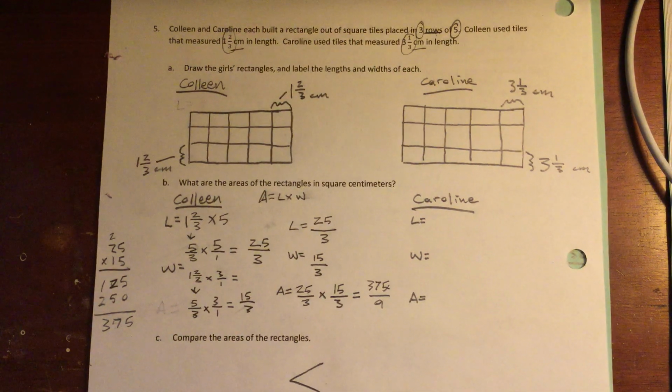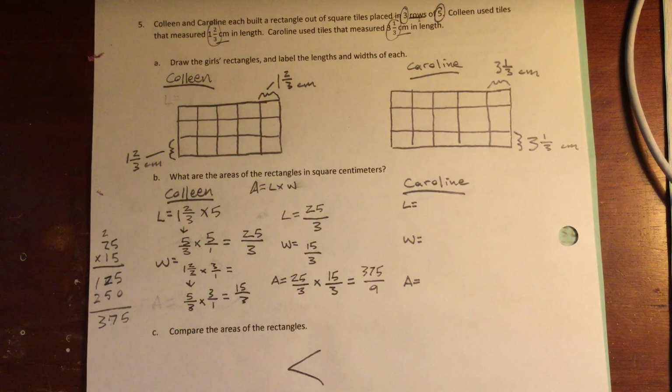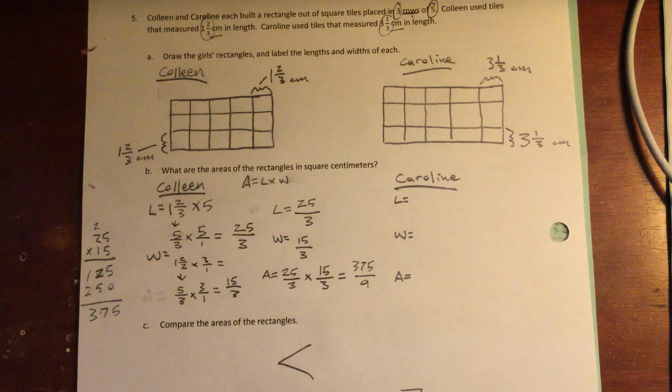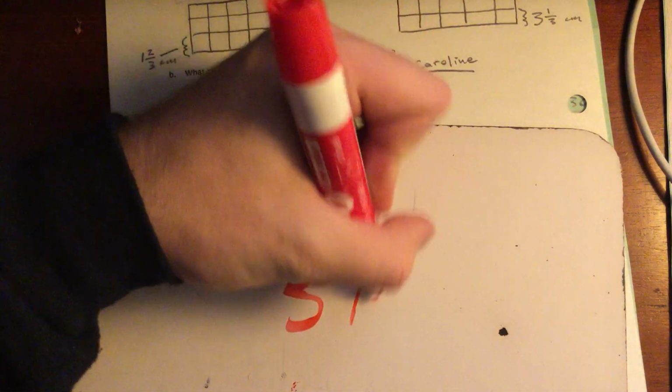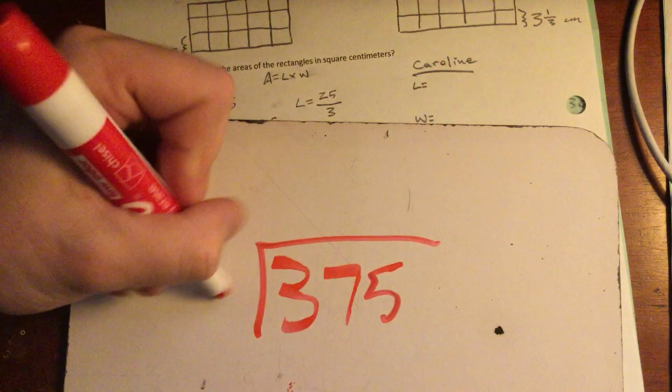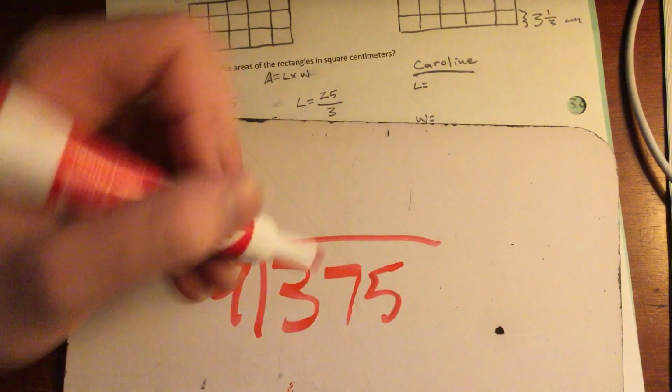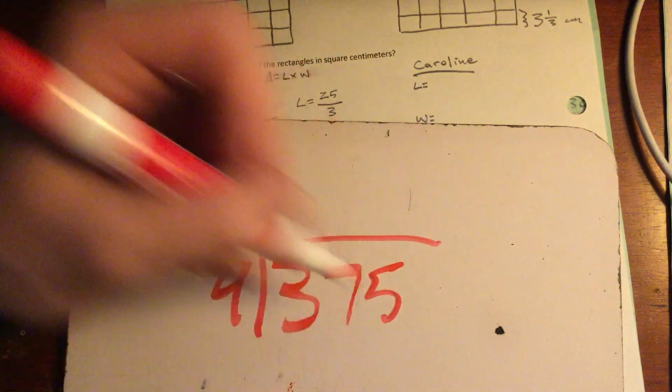I personally do not know my 9s up to 375, so I am going to use division to figure this out as a mixed number. 375 divided by 9. 9 can't go into 3, but 9 can go into 37.